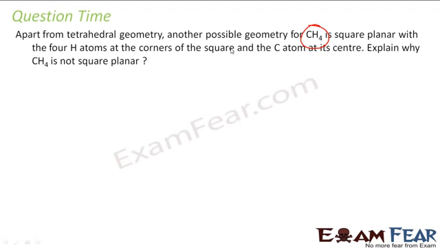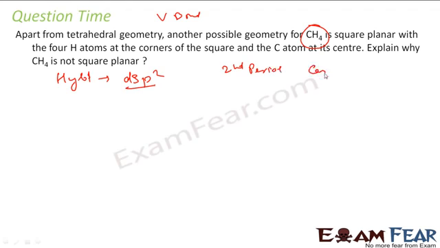See, let's prove it by the valence bond theory. For a molecule to be square planar, the hybridization required is dsp2, right? Carbon is a second period element.